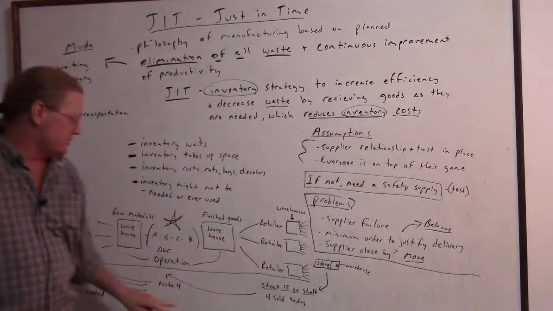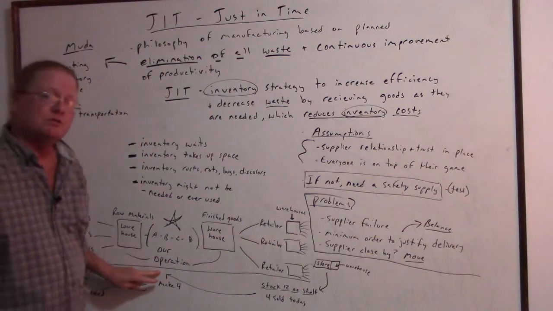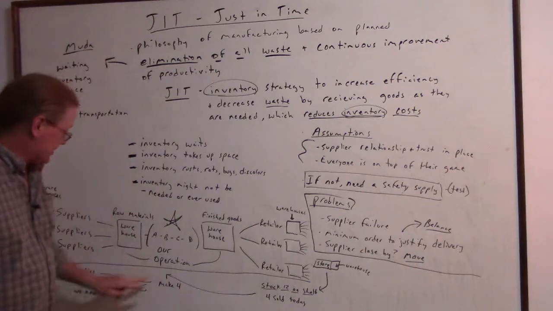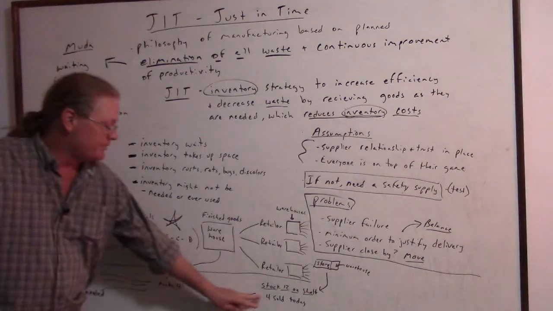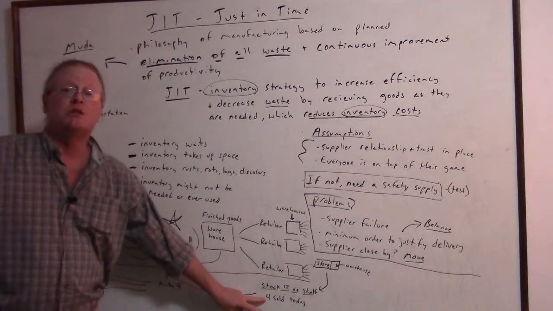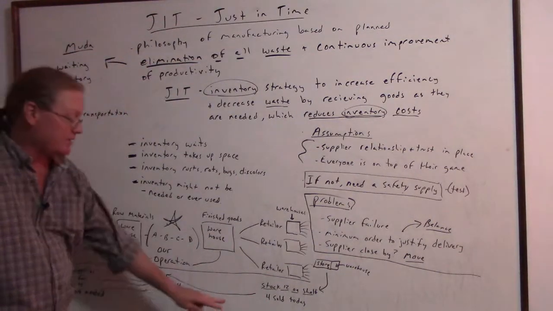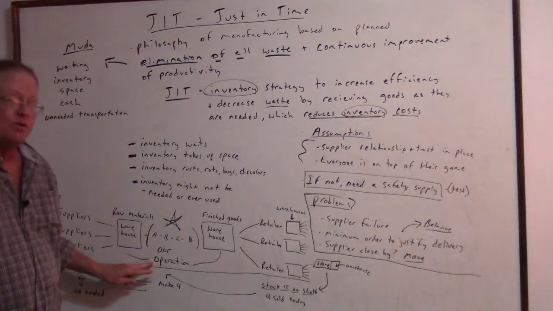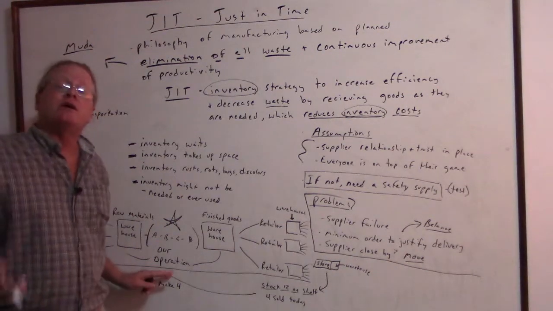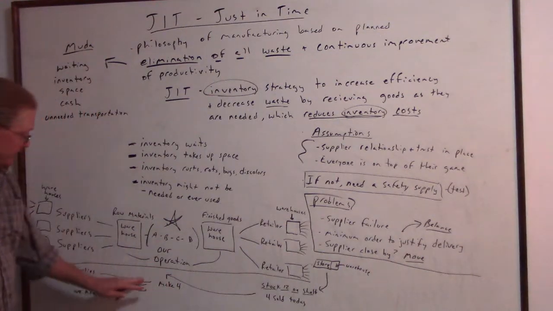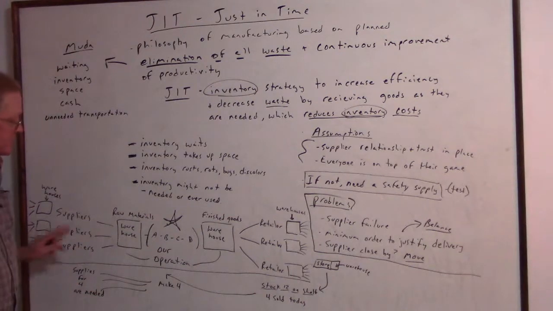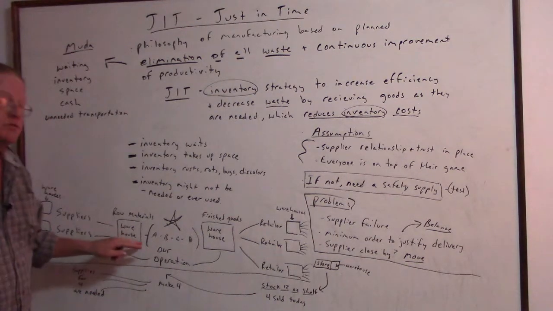So that communication goes back to our operation, and it might simultaneously go back to the suppliers, saying we sold 4. It's not going out of style tomorrow. Make 4. So we get, hey, they sold 4, let's make 4. Hey, we need supplies to make 4. So we send the communication back to the suppliers. There's no warehouse.